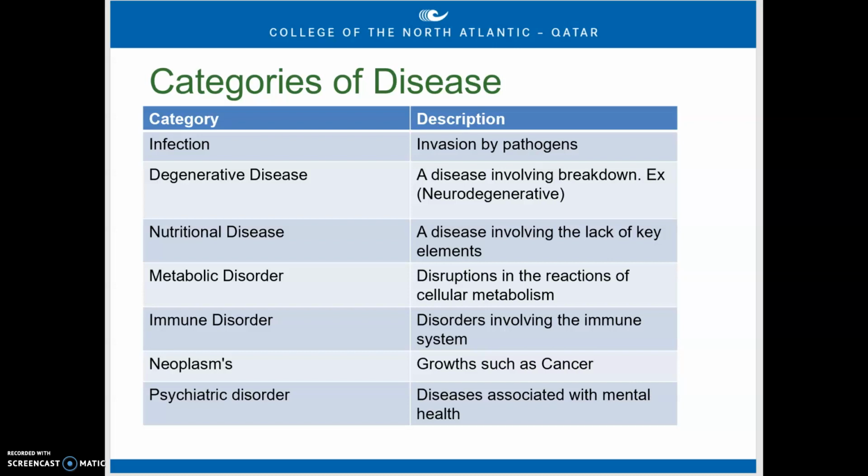Immune disorders, where the immune system no longer works or is deficient, can make you susceptible to other diseases. We can have neoplasms, and the best example of a neoplasm is cancer. So it represents growths where we shouldn't have normal growth. And you can have psychiatric disorders, and these are diseases associated with mental health.